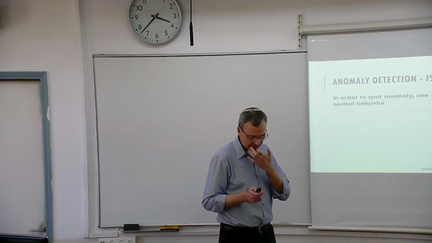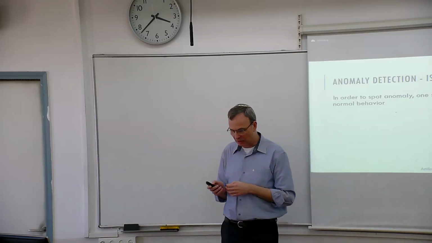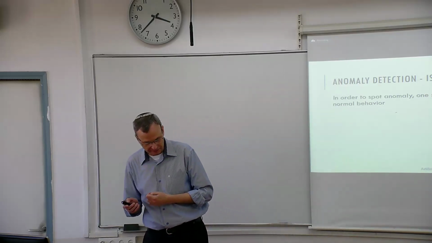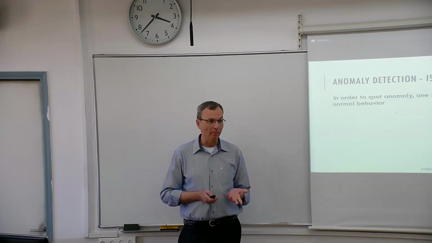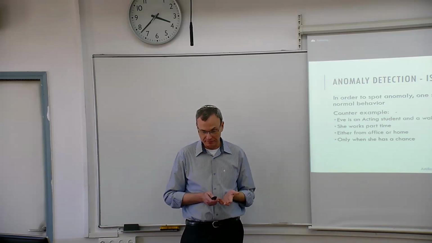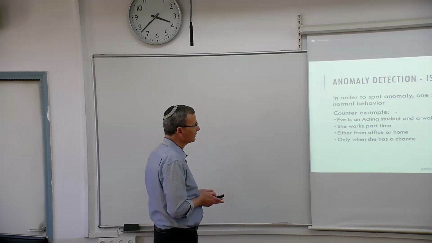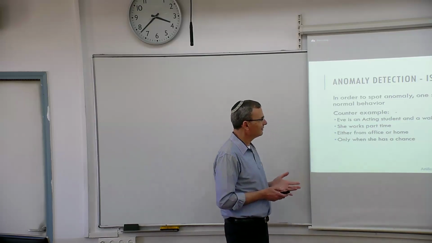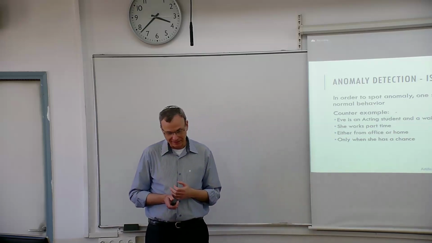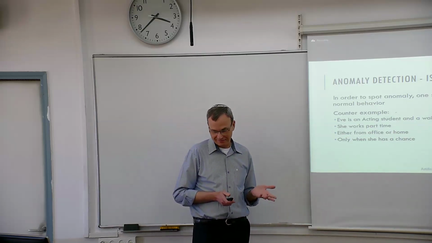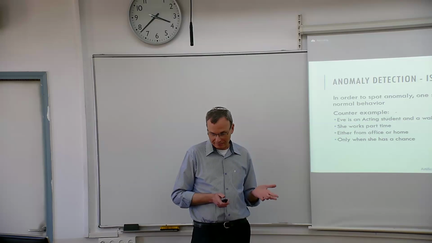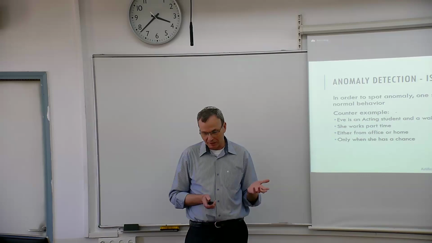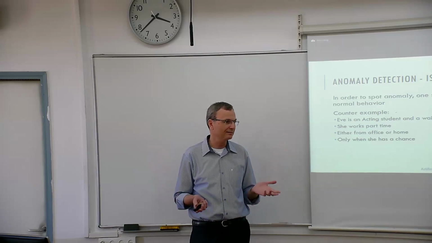However, if one wants to spot an anomaly, one should also determine the pattern of what is normal behavior. And let's see a counterexample. Eve, sorry for the cliche, is an acting student and also a waitress. She works part-time, either from the office or from her home, only when she has a chance.